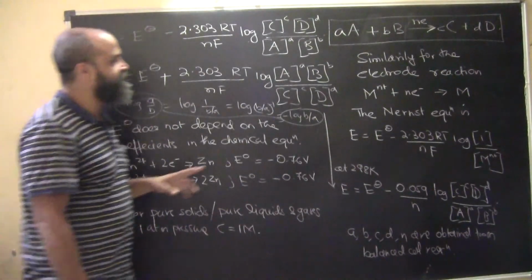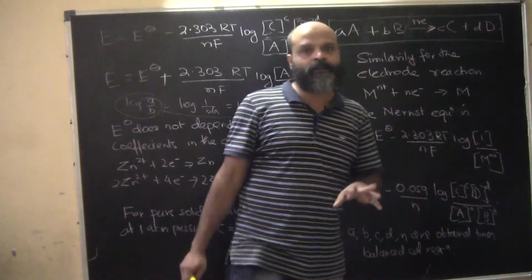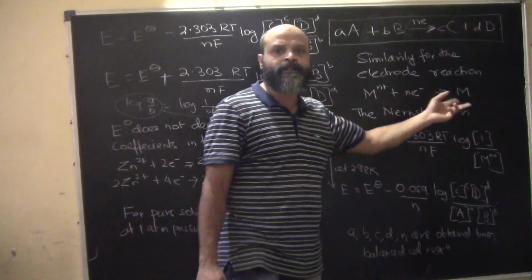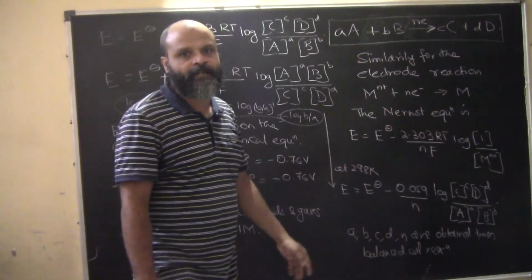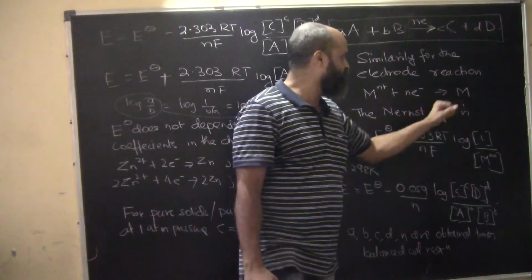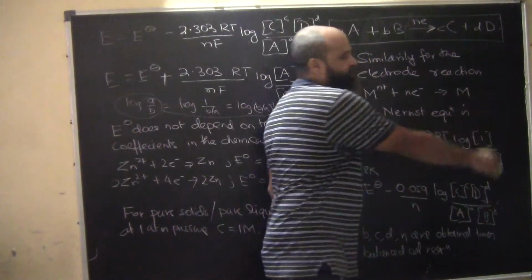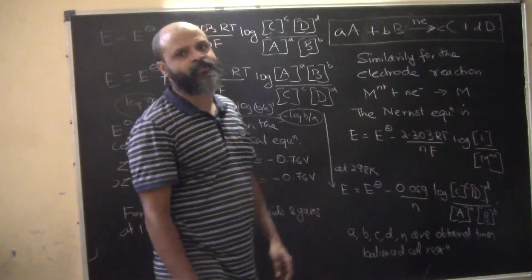Now, some things out here. Let's say we are talking about an electrode which is undergoing reduction. Let's say this has got a charge of N plus, it accepts N electrons to become neutral M. Now obviously the molar concentration of this will be 1 for any solids or liquids.